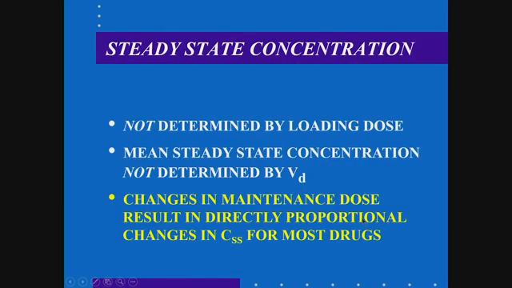And an important element to highlight is that changes in maintenance dose for most drugs, when we're dealing with first order kinetics of elimination, result in directly proportional changes in the steady state concentration, once again, for most drugs that follow first order kinetics of elimination.